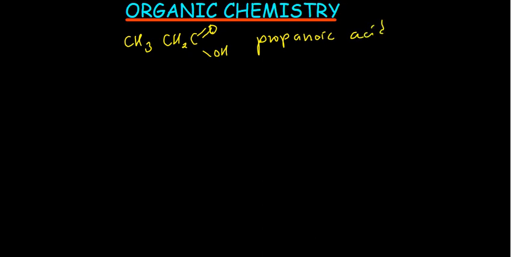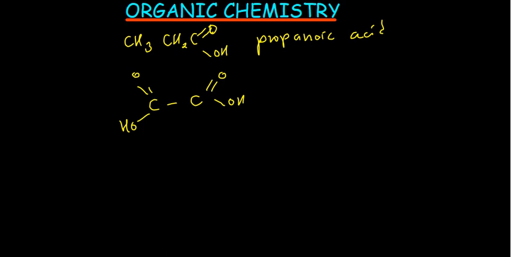Now, let's say we have got something where we've carbon bonded to a carbon, and then here we've got like that, and then even this side we've got like that. Well, how are we going to name this one?